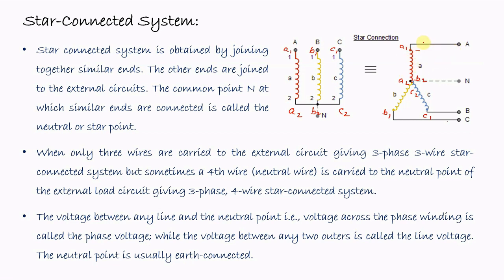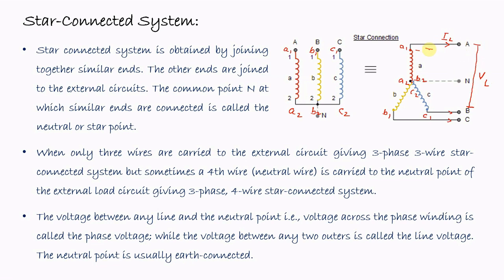Whereas the line values are considered as the external terminal parameters. That means if the current is flowing through this terminal, then it will be considered as the line current. And similarly, the voltage across any two external terminals, let's say the potential difference across A and B, will be considered as a line voltage. So here it will be line current and here it will be line voltage.